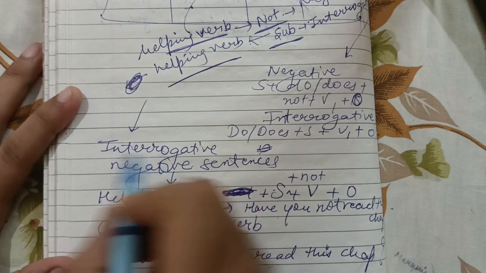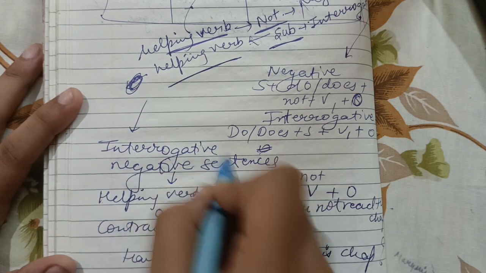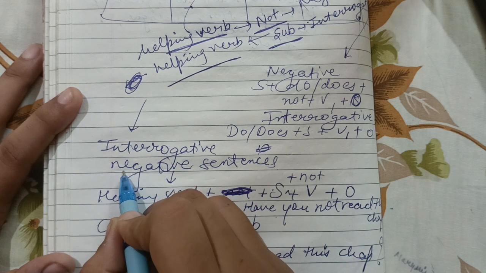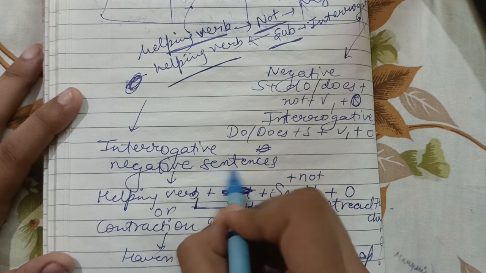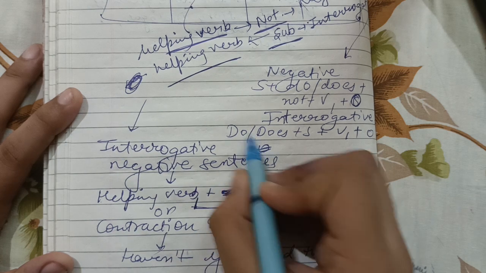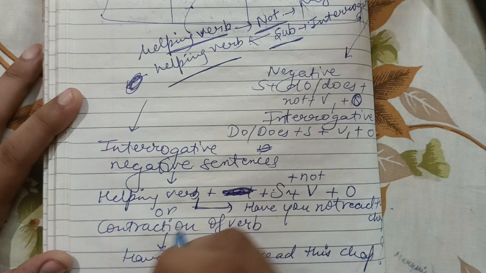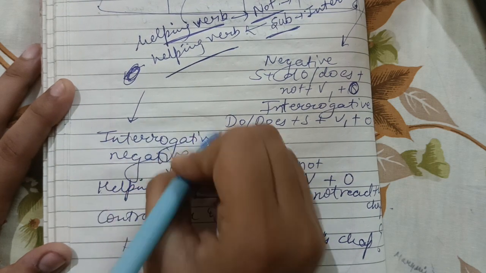First of all, listen to me. We can form negative sentences by adding not after the helping verb. The helping word could be do, have, or the to be family. And how can we form interrogative sentences?